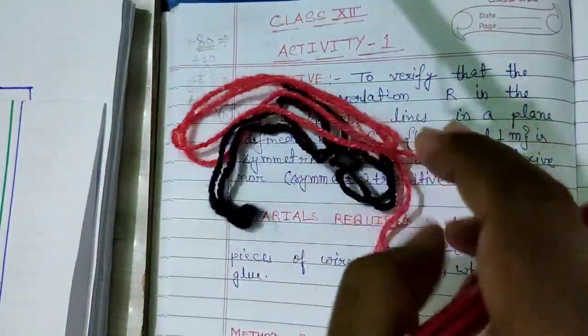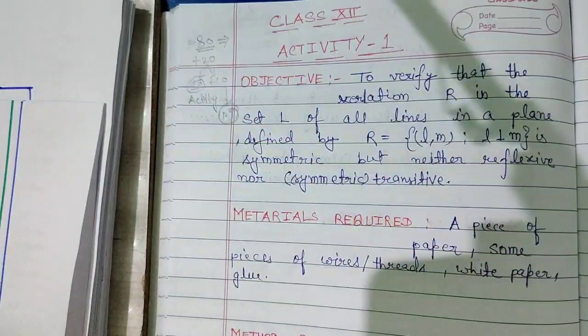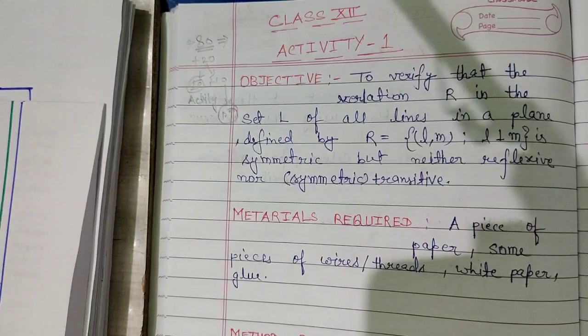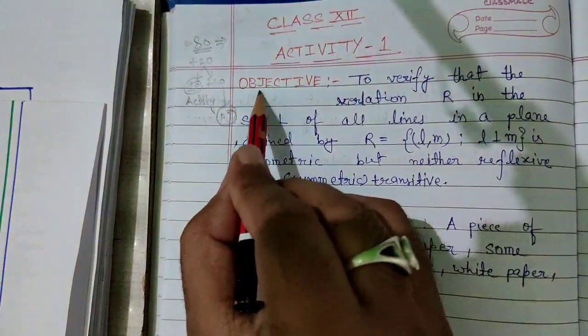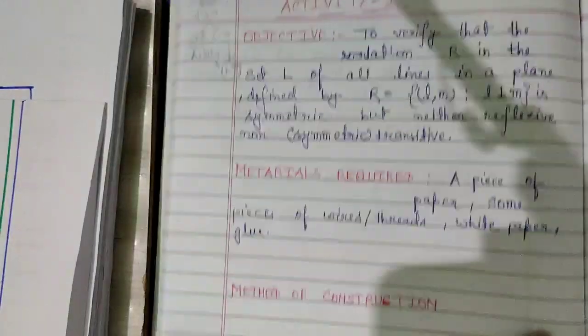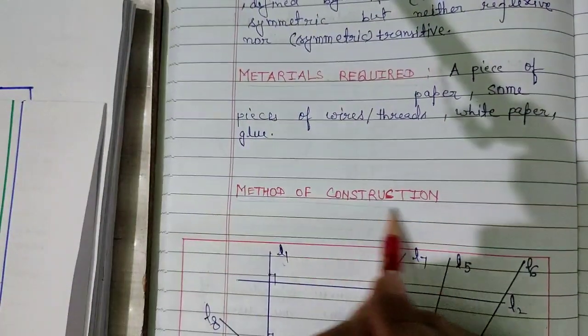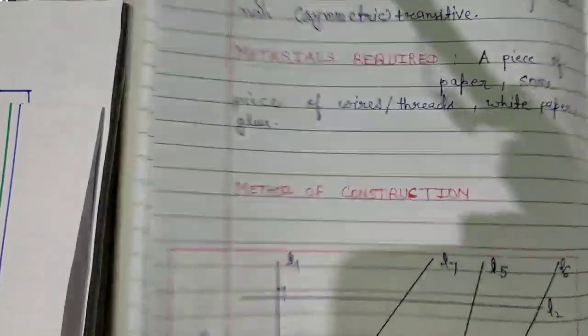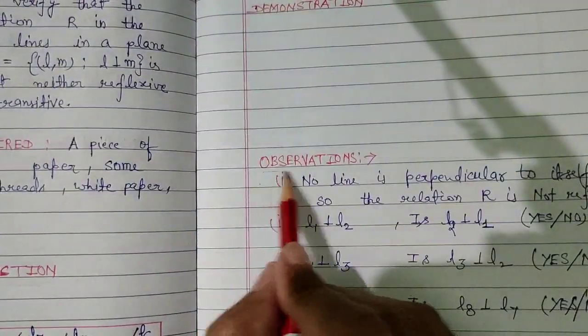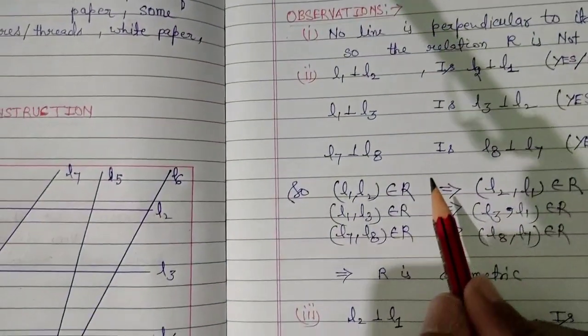I'll tell you how it will be used, and these few parts will always be the part of your activity: objective, material required, method of construction, demonstration, observation and application.